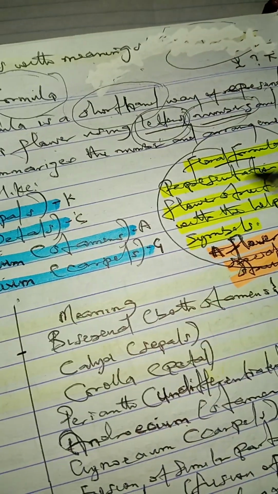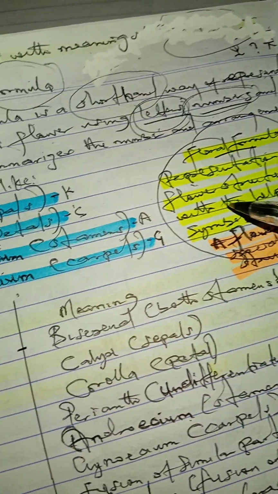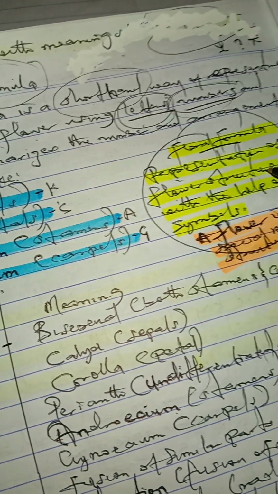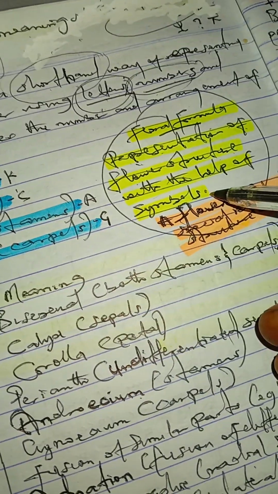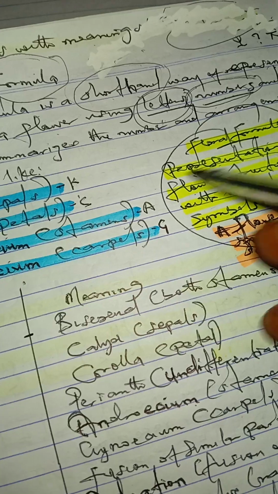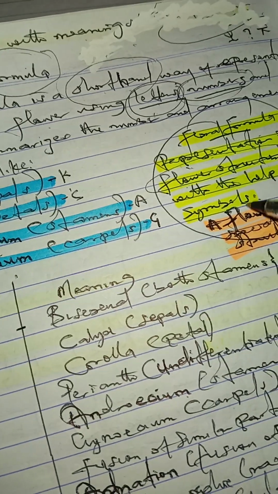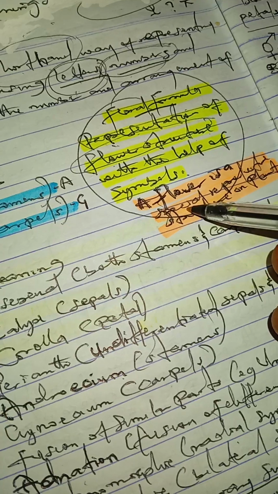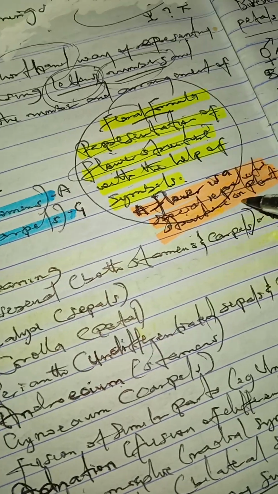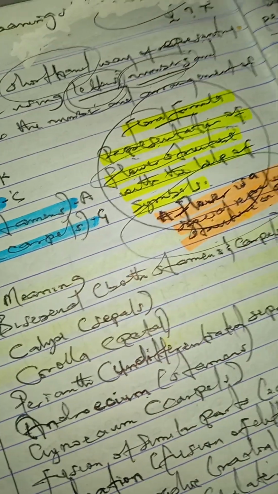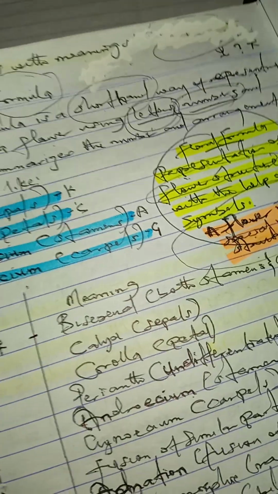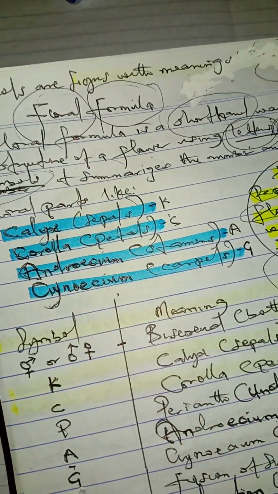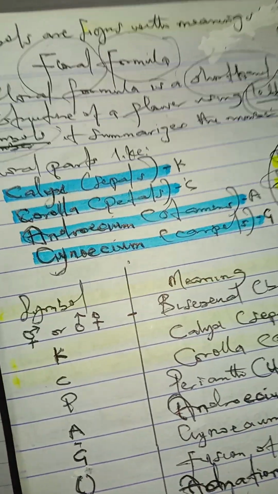Now, we can also define floral formula by saying that it's a representation of flower structure with the help of symbols. A flower is a special reproductive structure on plants. So these are just major things that serve as the beginning knowledge, which I believe you are supposed to know.